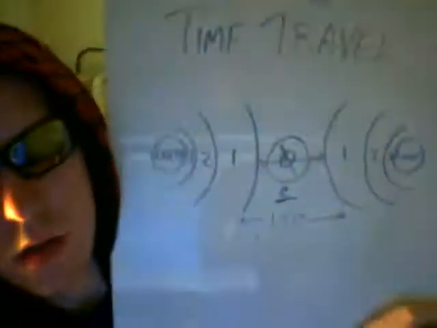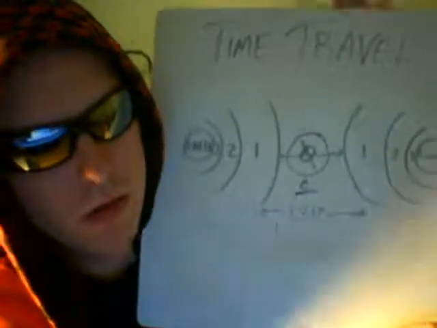say you're going 1.2 light years away. This is 1.2 light years away. Okay? Now, it doesn't matter how many light years away you are from that planet, because time doesn't actually go on.